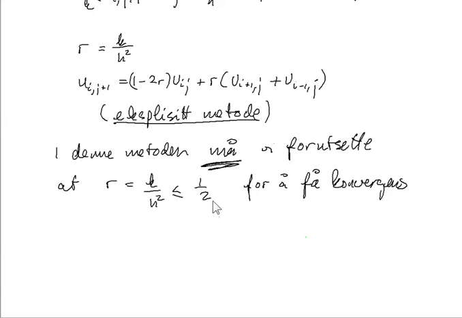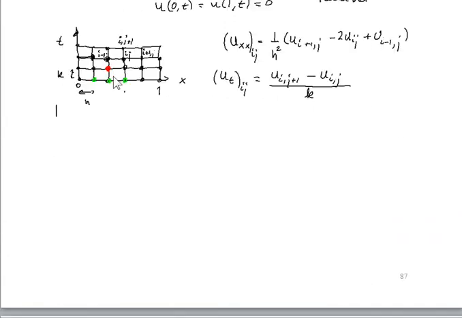That means that when h is converging to 0, and the step length in the time direction is going to 0, we want the numerical solution to converge to the actual solution. And this will happen, but only if k over h squared is less than or equal to 1/2.